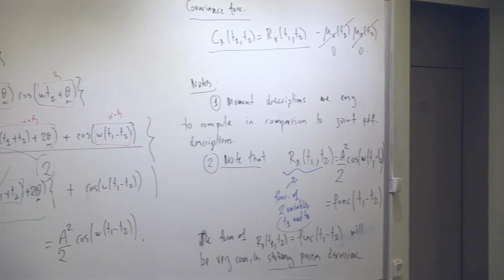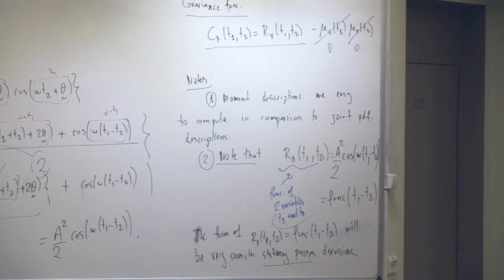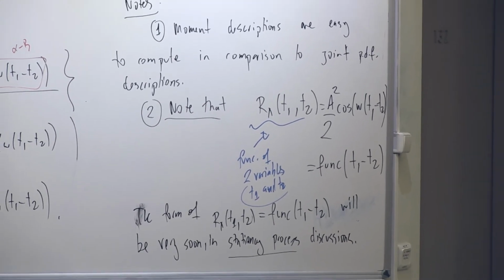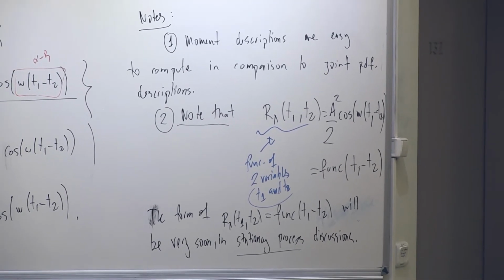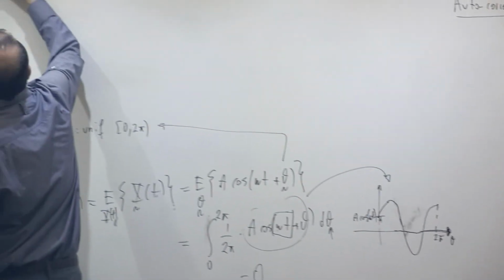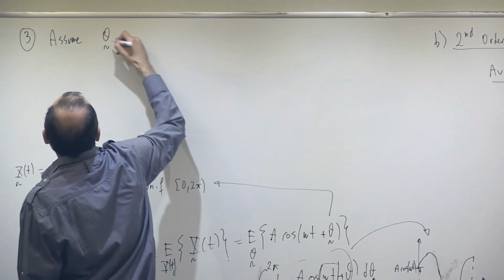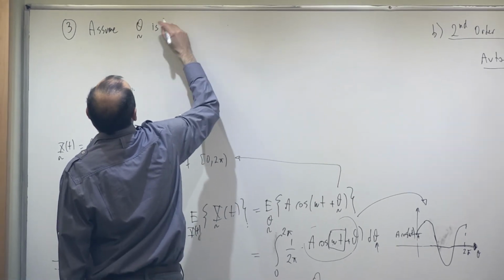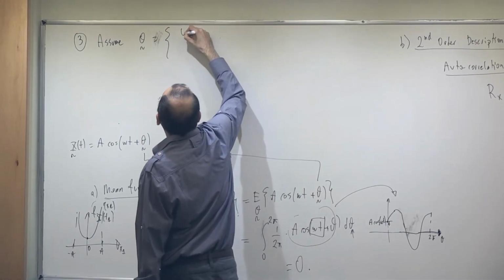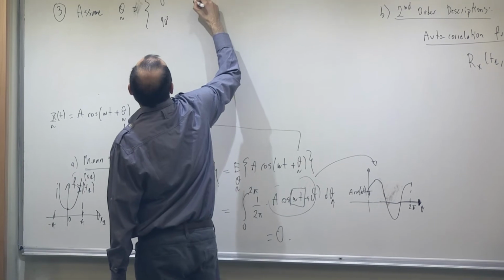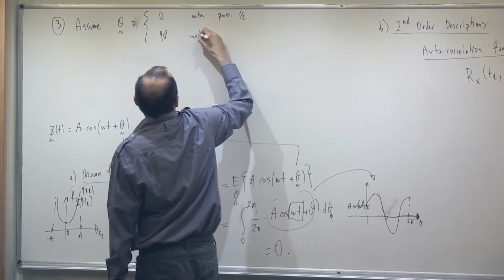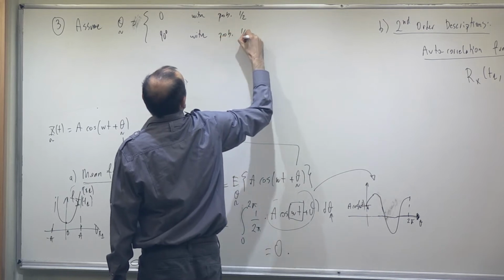So what else? Well, let me have one more note. Number 3. Assume theta is something like this: 0 degrees and 90 degrees, with probability 1/2 and probability 1/2.